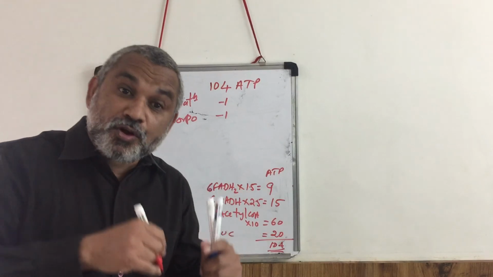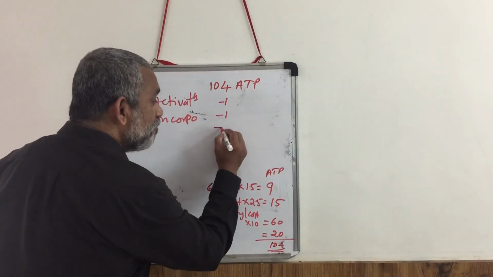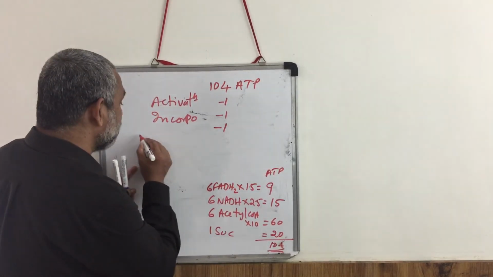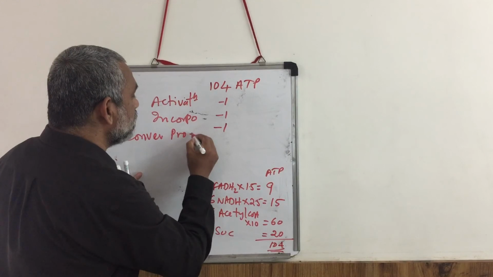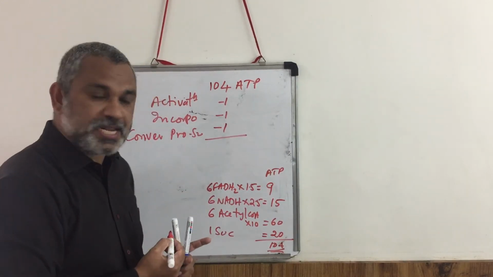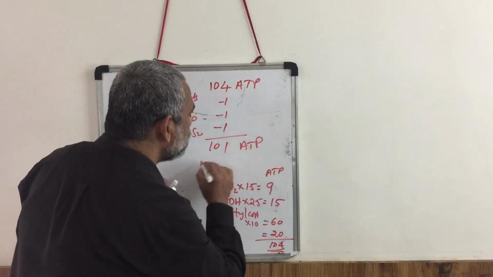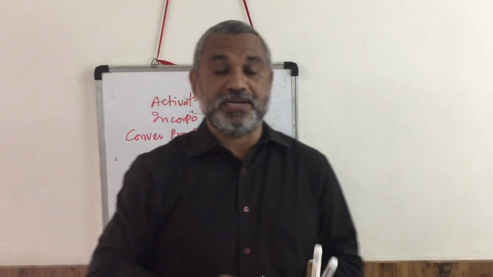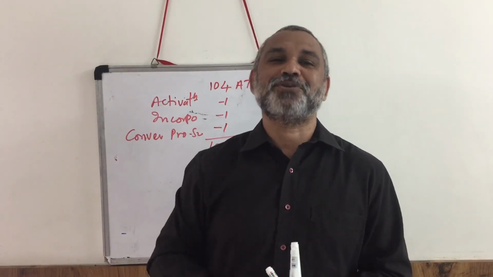And in order to convert propionyl-CoA to succinyl-CoA, we used another one. This is for conversion of propionyl to succinyl. So minus 3 ATPs, we will get 101 ATP. This will be the net yield from the oxidation of an odd number fatty acid.